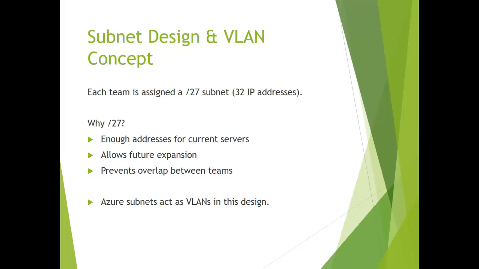This is because a /27 subnet provides 32 IP addresses, which are sufficient for the 2 required virtual machines while allowing room for future expansion. Each subnet is named clearly to reflect the department it belongs to.